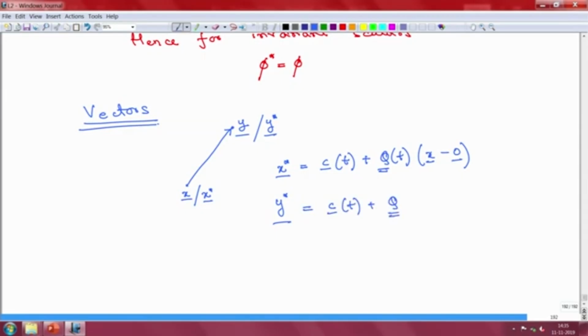The same equation, I am going to replace x with y now. So, we know that this displacement vector is going to be invariant.